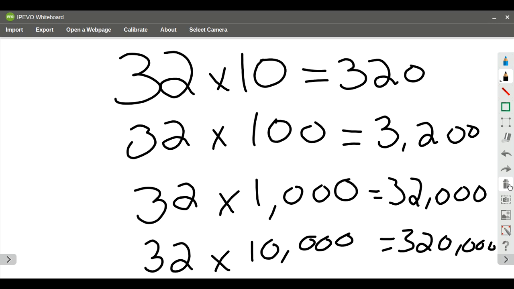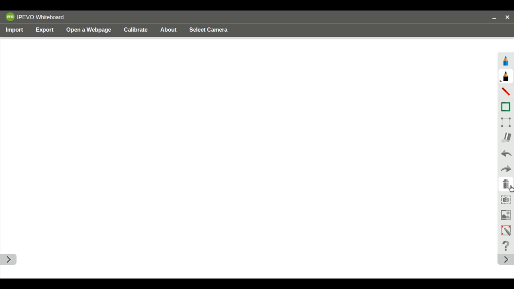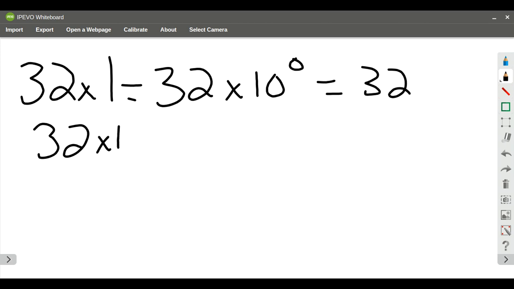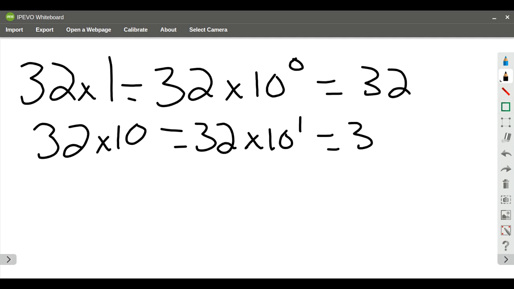Okay. If I take a look at this now by using my powers of 10, so if I have 32 times 1, that's going to be 32 times 10 to the 0 power, which is going to equal 32. If I have 32 times 10, if I write that using an exponent, it's going to be 32 times 10 to the first power, which is going to be 320.